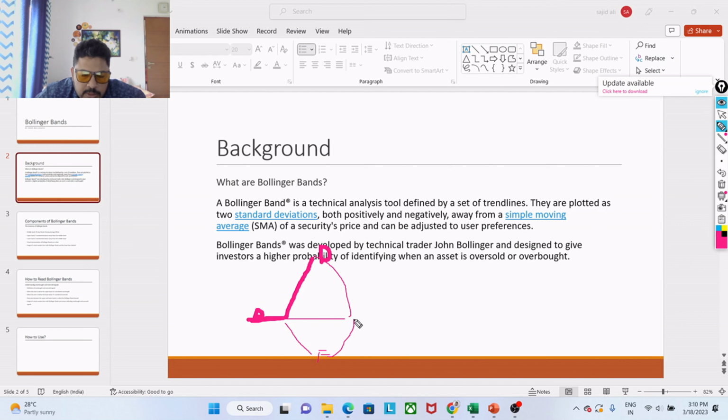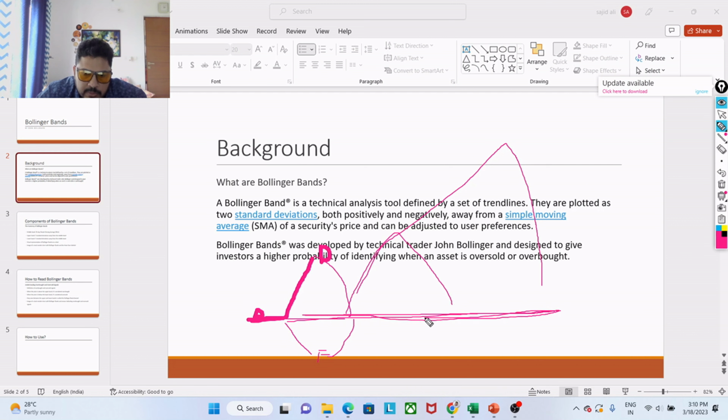So everything will move in a range, and everything will come back to its original point. Sometimes you go a little far and then again you come back. This is called mean reversion.